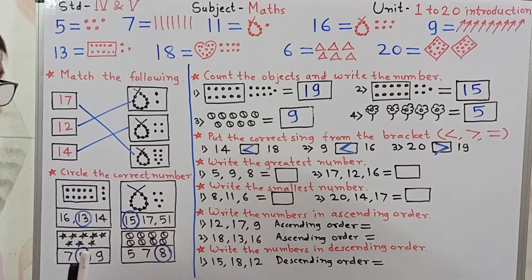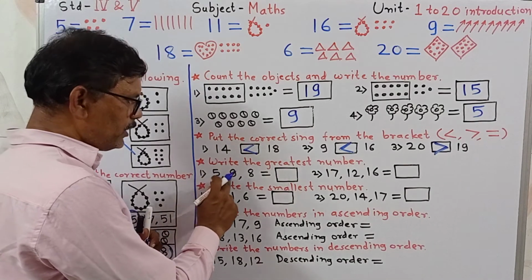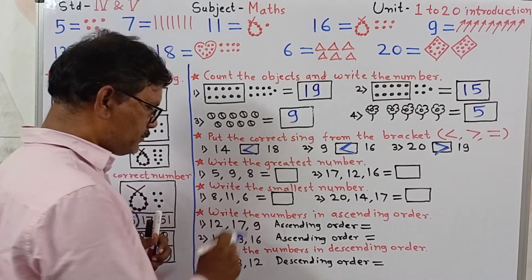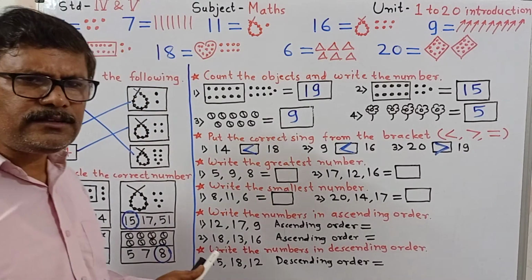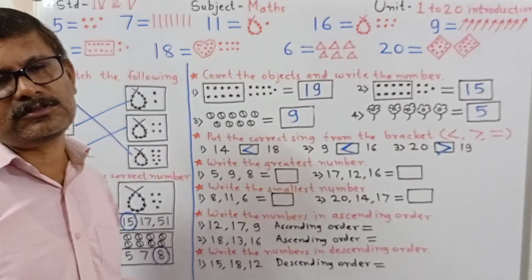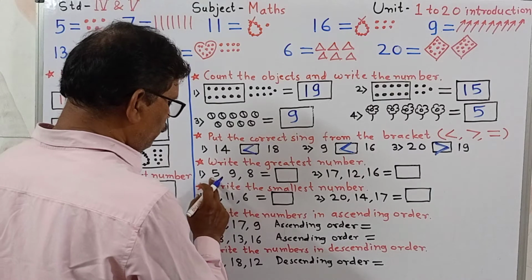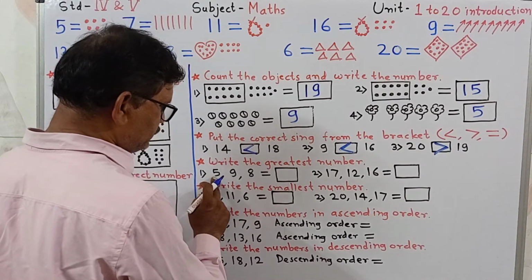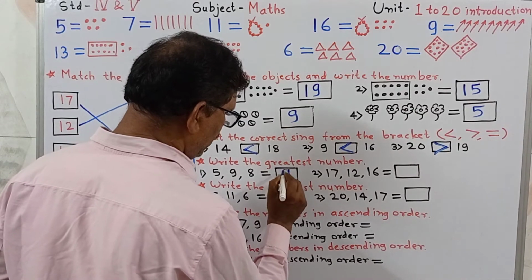Okay. Now write the greatest number. So here is 5, here is 9 and 8. So the greatest number is 9. 5 is the smallest and 9 is the greatest. So write here 9.